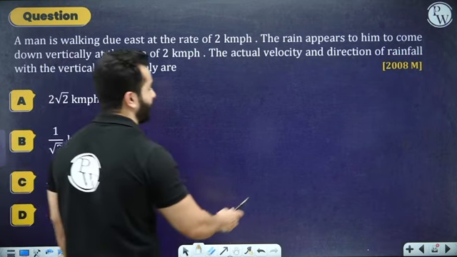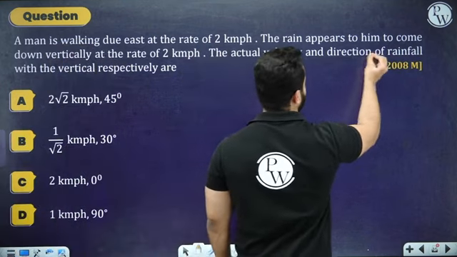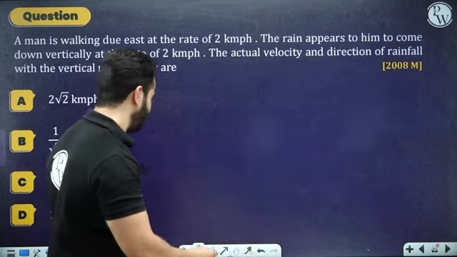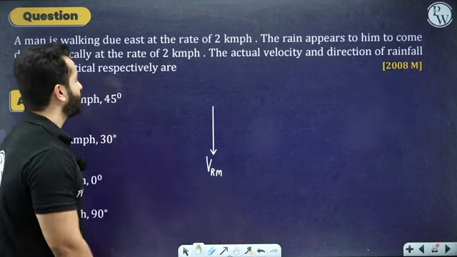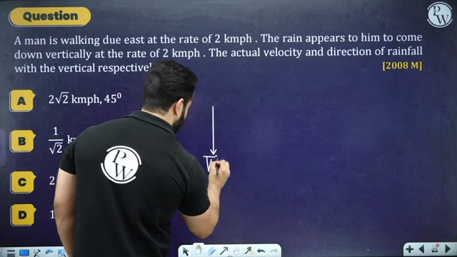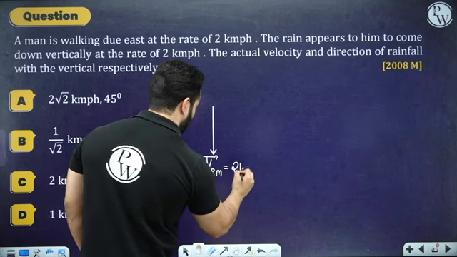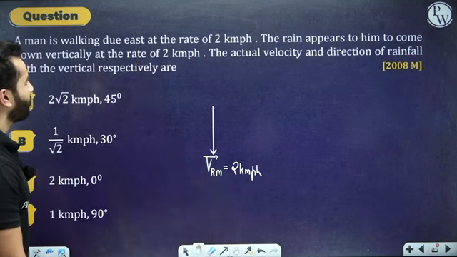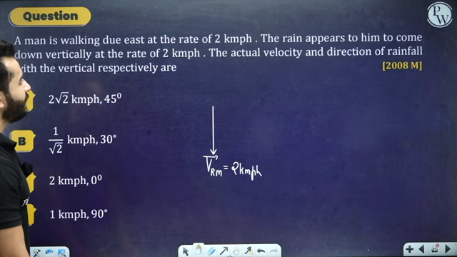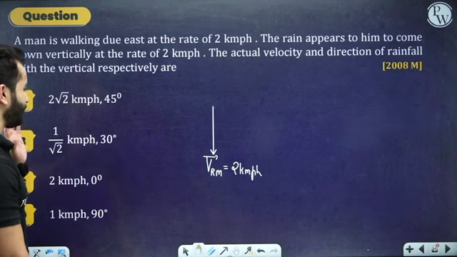Now please understand, when they say the rain appears to him, that means this is the direction of VRM, velocity of rain with respect to man. This is VRM and this is given as 2 km/h. Right? The actual velocity and direction of, now see, this is actually quite easy.